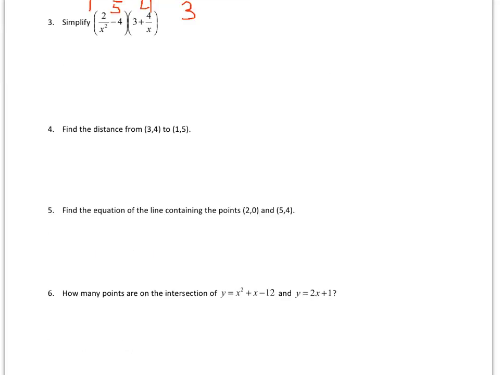For number 3, we want to just FOIL it like normal, but notice that we have some x's in the denominator, so we just need to be a little careful when we're simplifying the algebra. So 2 over x squared times 3, remember this is really a 3 over 1, so that will become 6 over x squared. And then 2 over x squared times 4 over x would be 8 over x cubed.